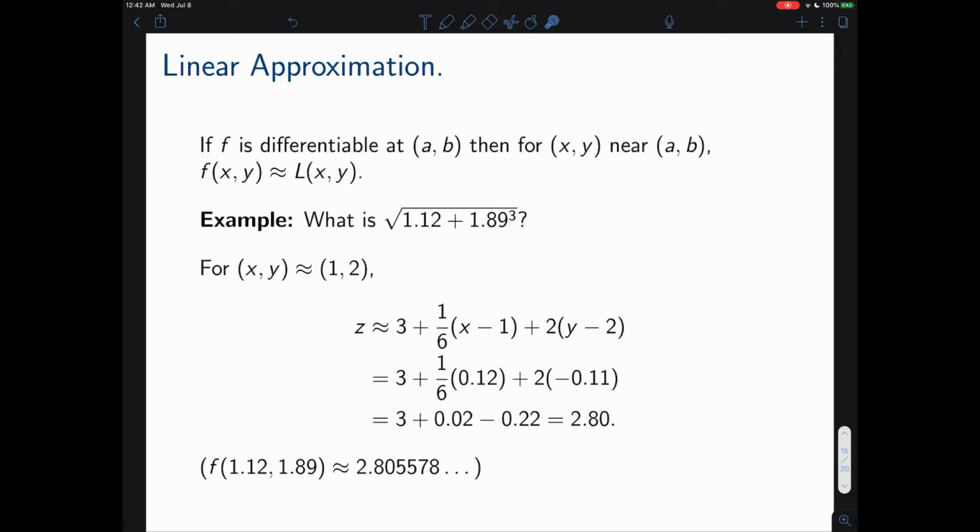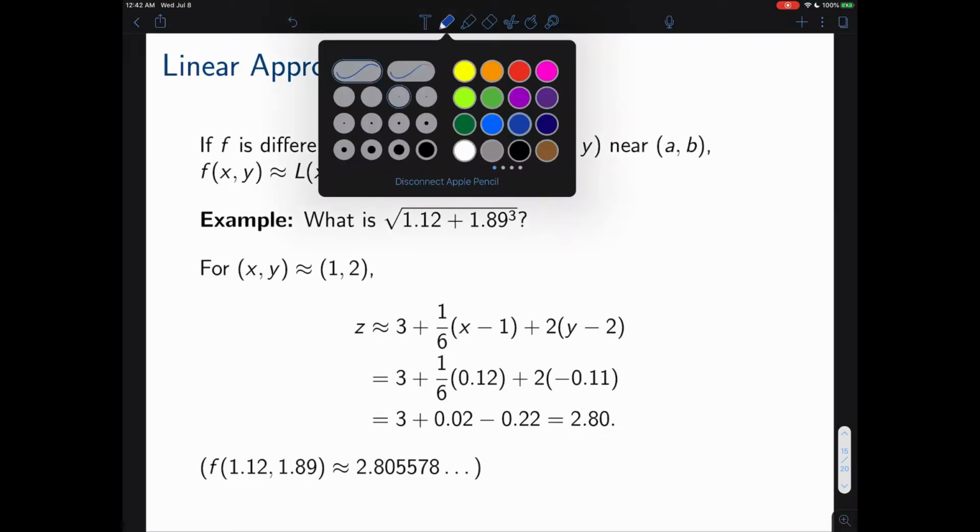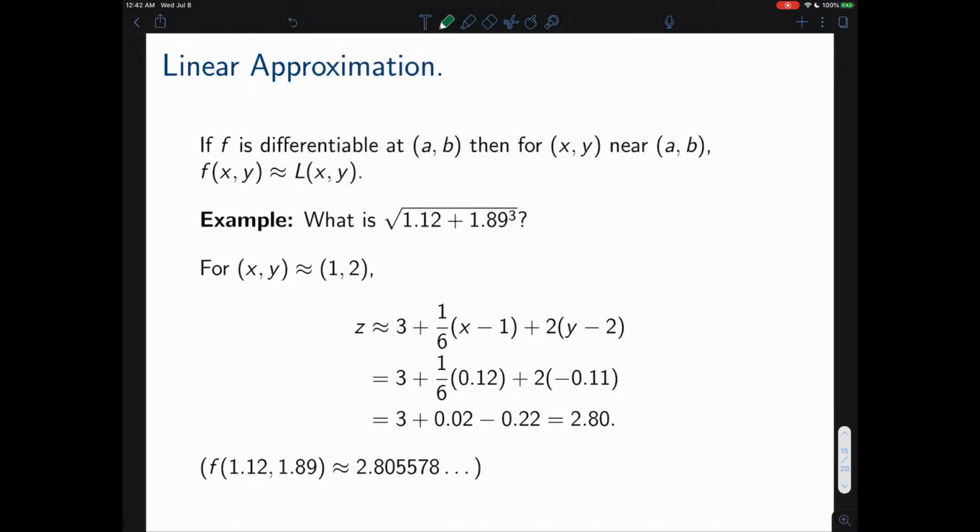The function z is supposed to be the square root of x plus y cubed, I guess, right? That's going to be approximately equal to the linearization that we found earlier in our discussion: 3 plus 1/6 (x minus 1) plus 2 times (y minus 2).